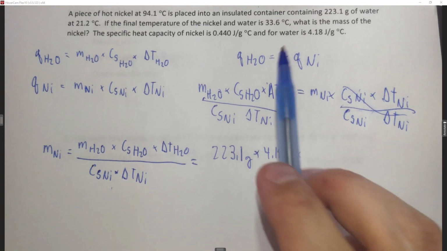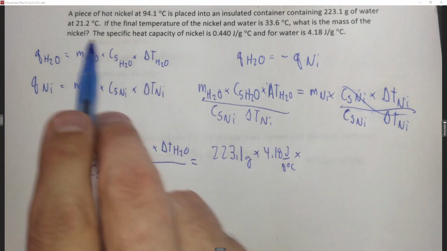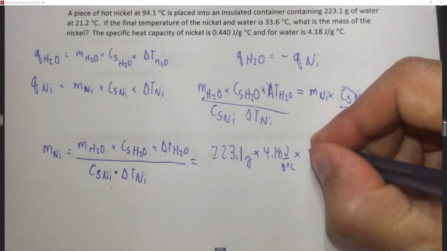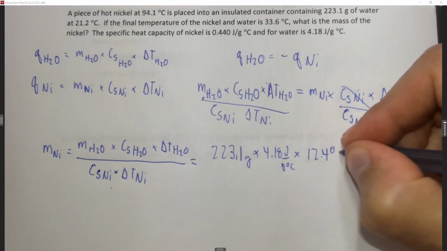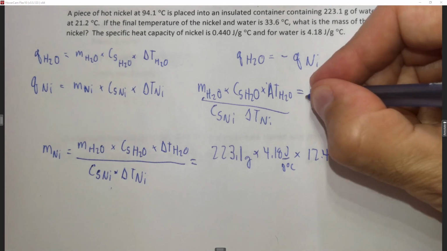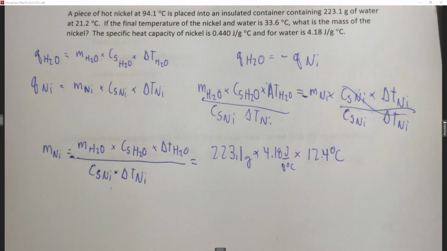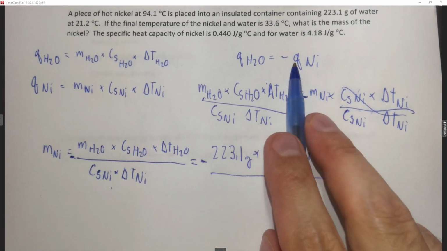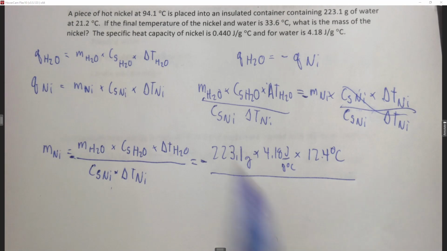And the change in temperature of the water is the final temperature, 33.6, minus the initial temperature, 21.2, which is 12.4 degrees C. And now as I realize this, I forgot to put the negative sign in. So I need to put the negative there and then put the negative there as well. All right, so I have to take the negative of all of this because Q of water equals the negative Q of the nickel. So I apologize for missing that negative sign earlier.